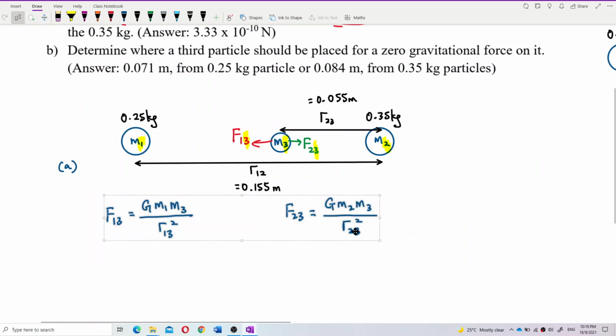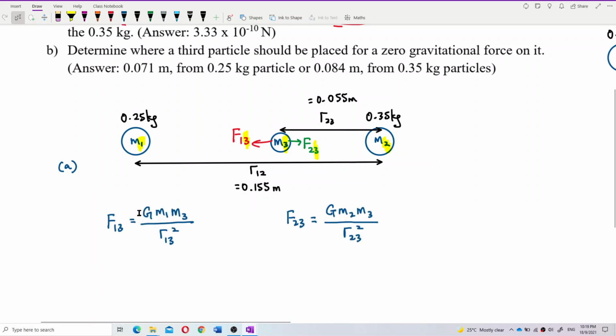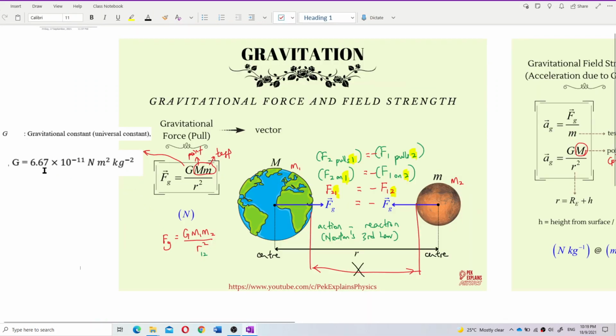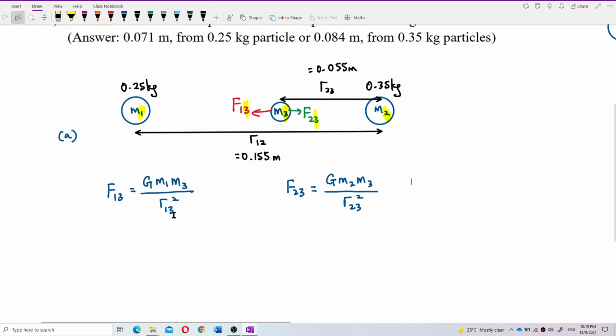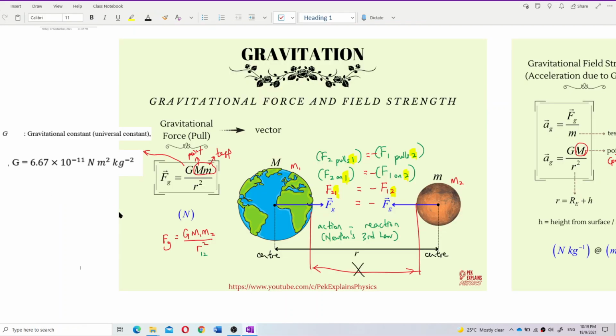Now, following is, we need to calculate, put in the value. We know that G value is 6.67 exponent negative 11. Let's put it inside there. Let's find out what is F13. First of all, G is 6.67 exponent negative 11. You can find this value in the list of constants provided in the exam, so you don't have to memorize this value.